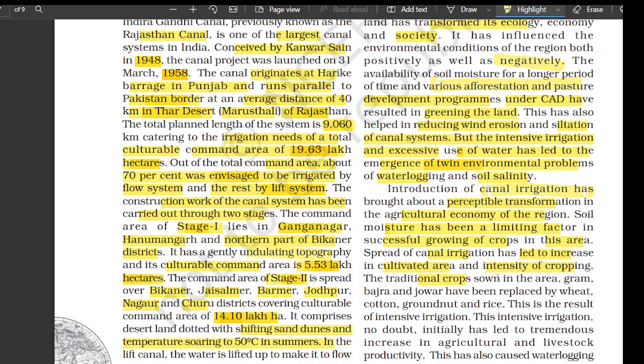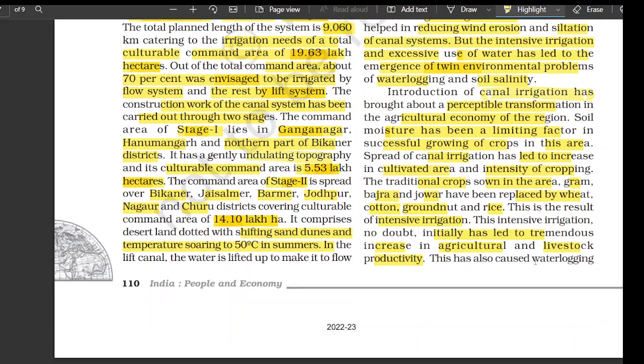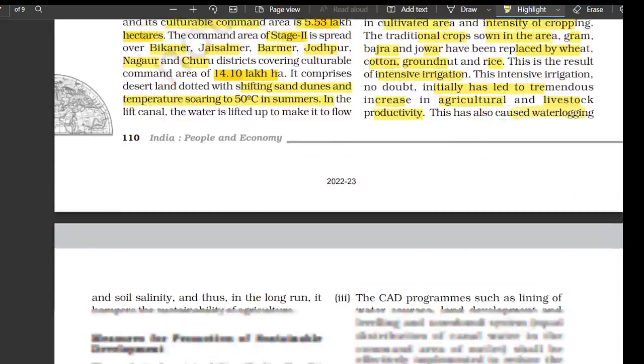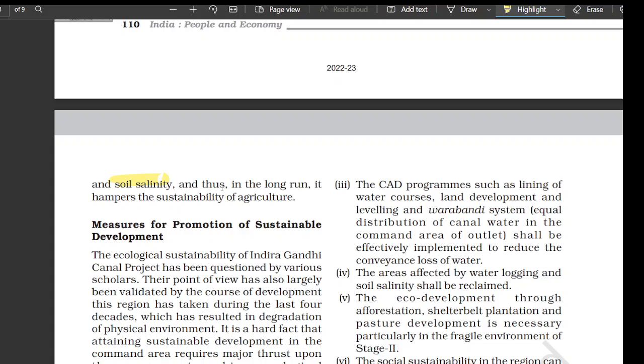The traditional crops sown in the area, gram, bajra, jowar, have been replaced by wheat, cotton, groundnut, and rice. This is the result of intensive irrigation. This intensive irrigation, no doubt, initially led to a tremendous increase in agricultural and livestock productivity. This has also caused waterlogging and soil salinity, and thus in the long run it hampers the sustainability of agriculture.